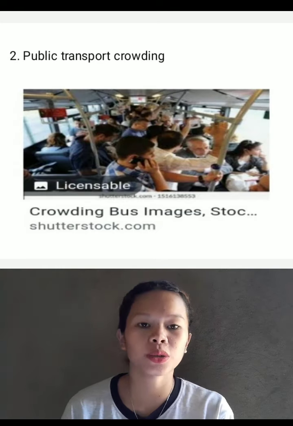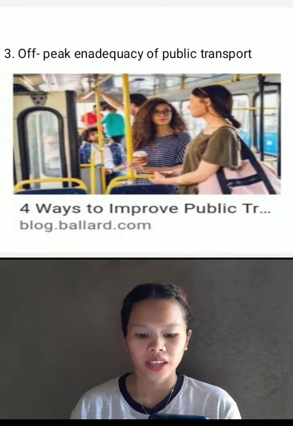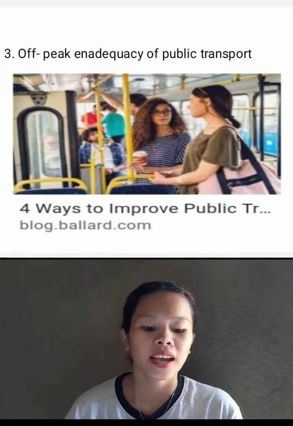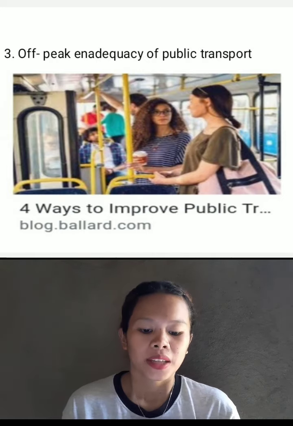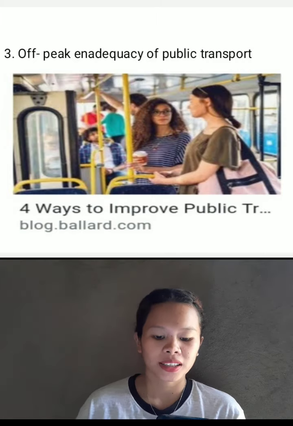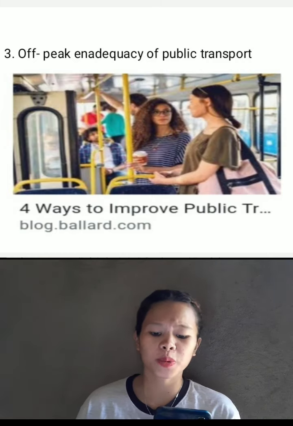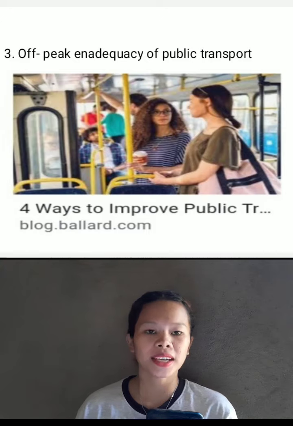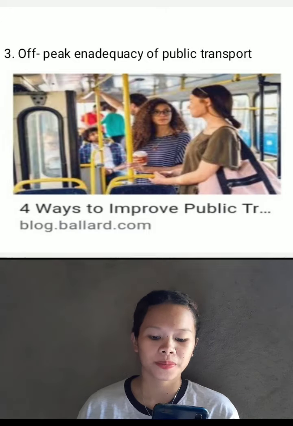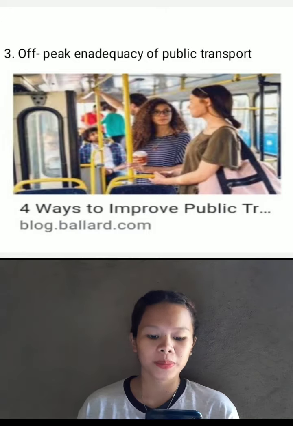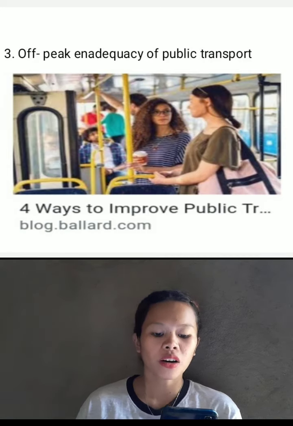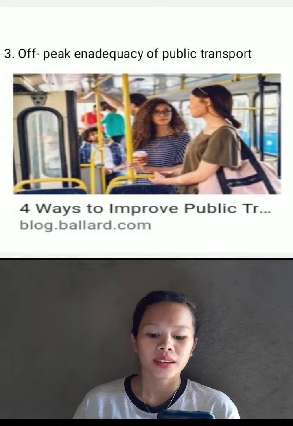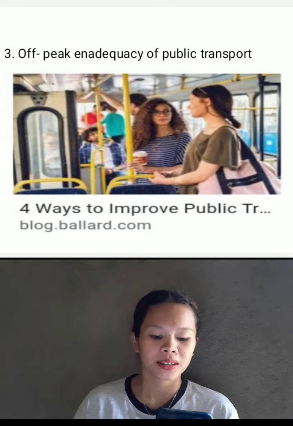And let's proceed to number 3, off-peak inadequacy of public transport. If public transport operators provide sufficient vehicles to meet peak hour demand, there will be insufficient patronage off peak to keep them economically employed.